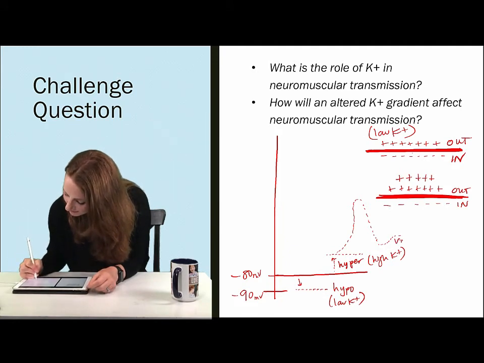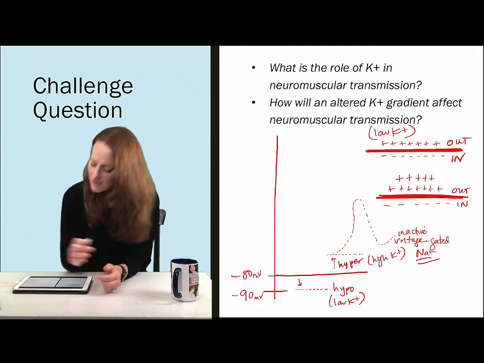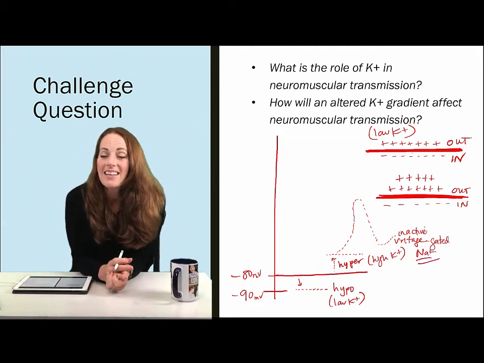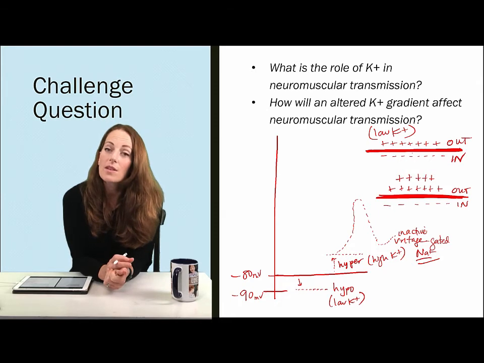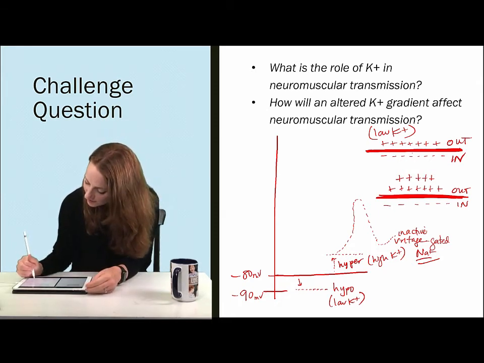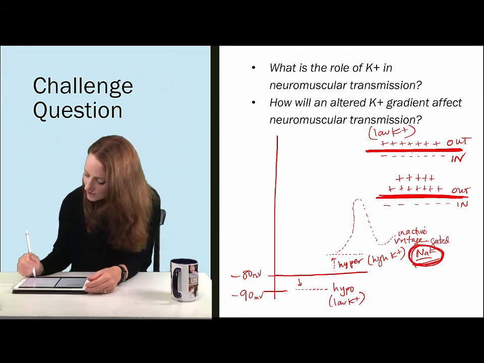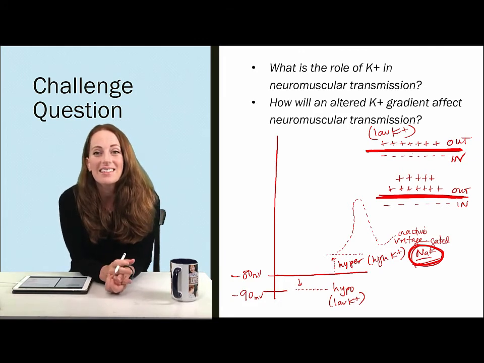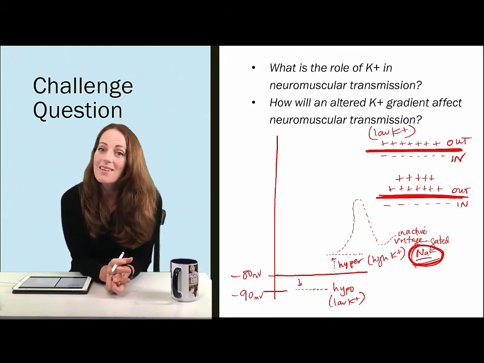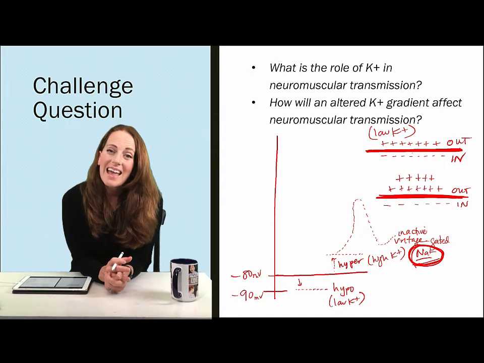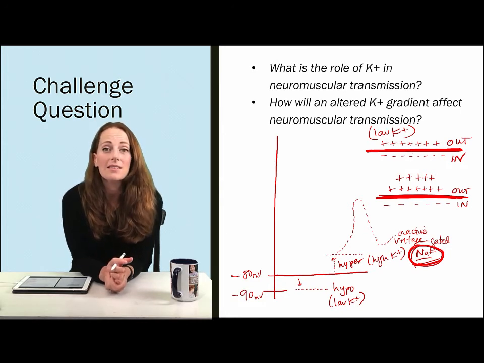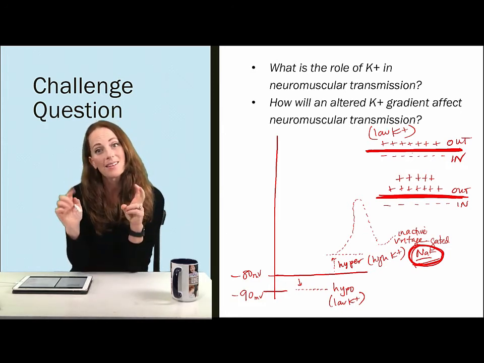And what that's going to do is maintain the voltage-gated sodium channels in their inactive state. That means the next time you try to generate an action potential, you're stuck because your sodium channels haven't reset, and you can't have anything happen after threshold because the sodium channels are plugged.